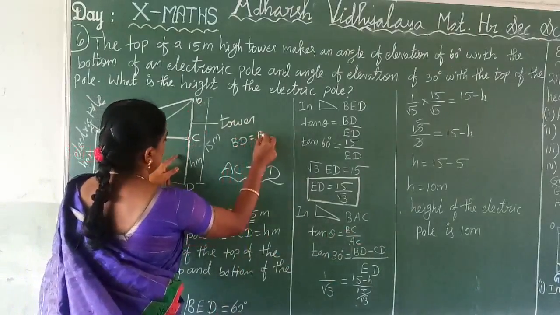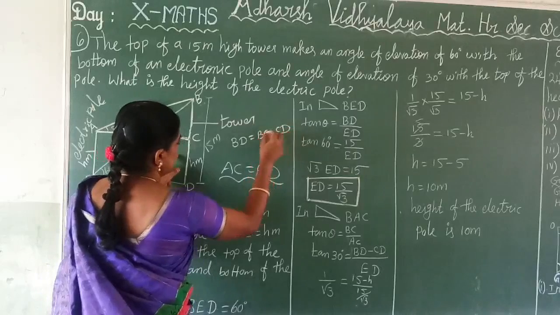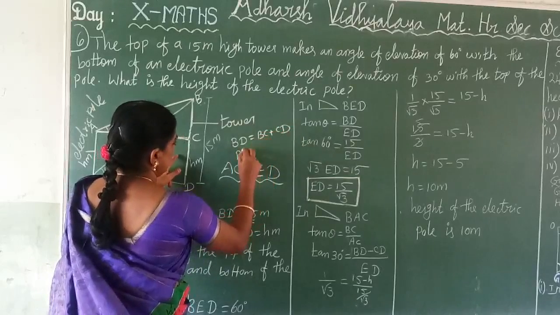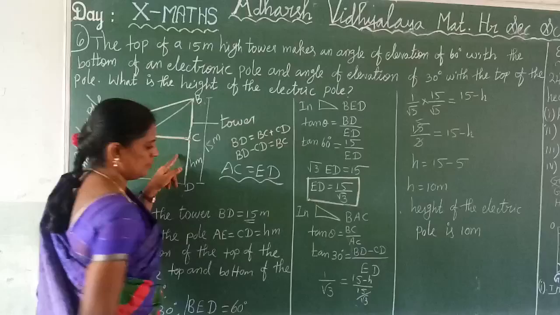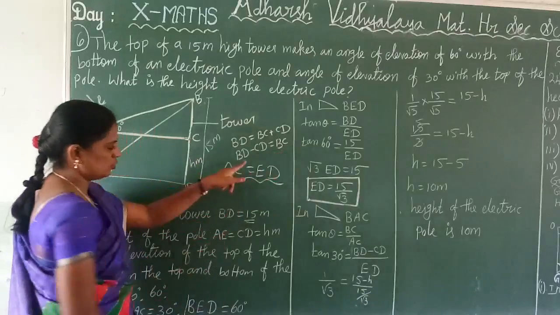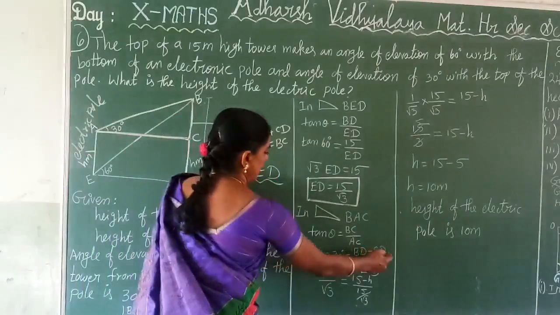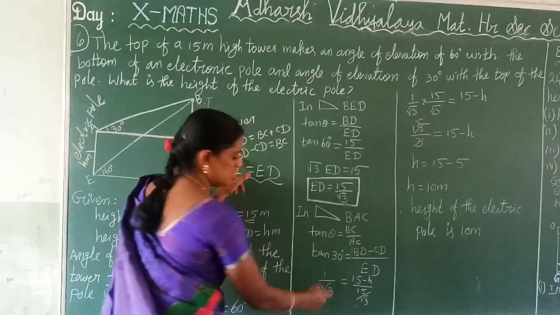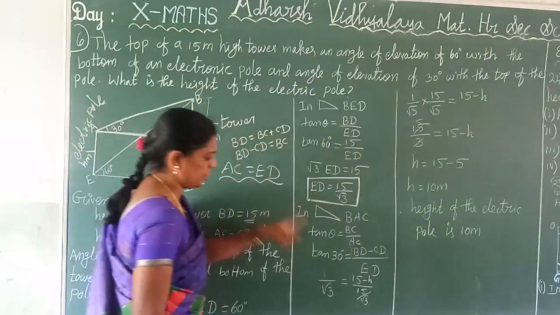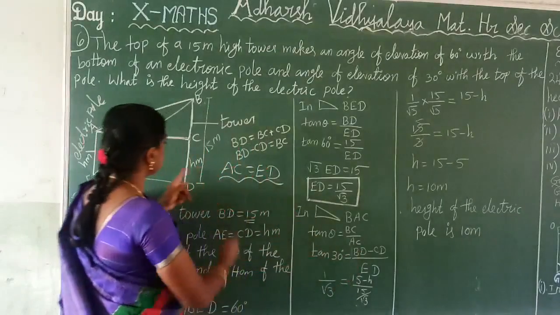BD is equal to BC plus CD, so BC is written as BD minus CD. So BC place you substitute BD minus CD. Clear? So tan 30 degrees, the table value 1 by root 3, is equal to BD minus CD over AC.